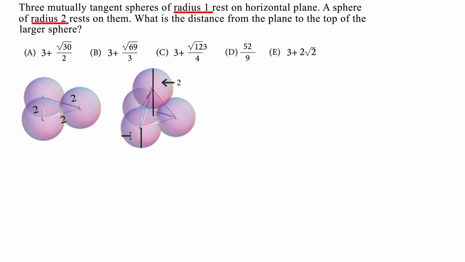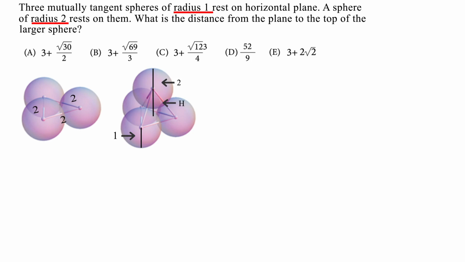Now we just have to concentrate on the one in the middle, which represents the distance from the center of the top sphere to the base of that equilateral triangle. I'll call it H.